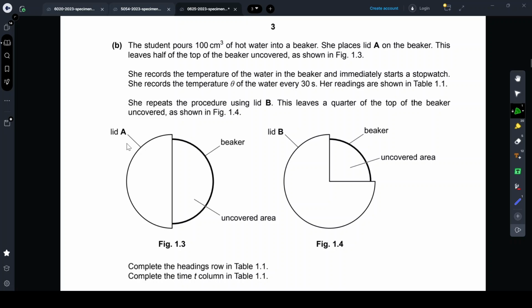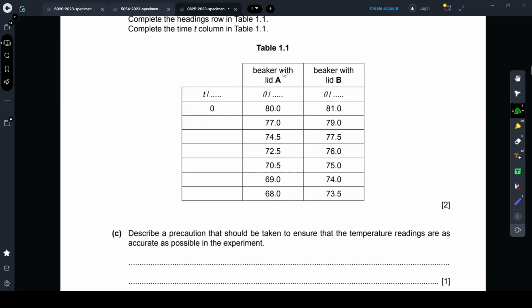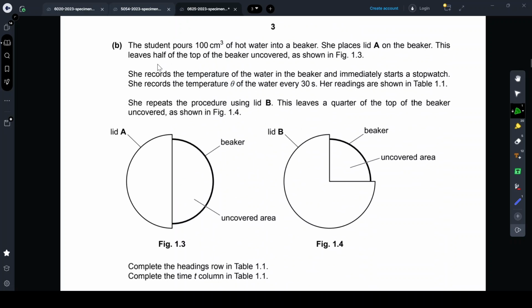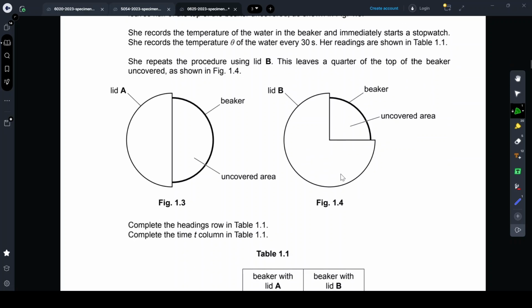Her recordings are shown in table 1.1. She repeats the procedure using lid B. This leaves a quarter of the top of the beaker uncovered as shown in figure 1.4.